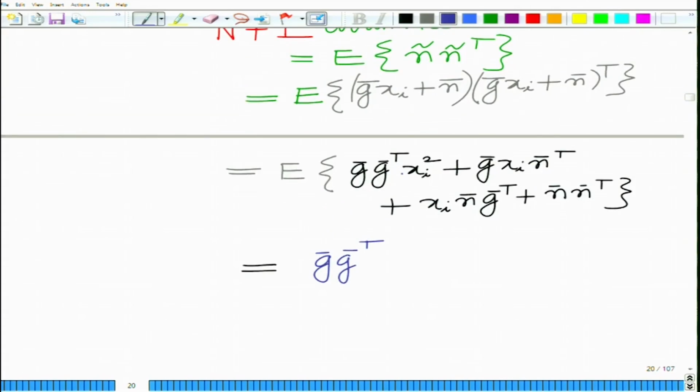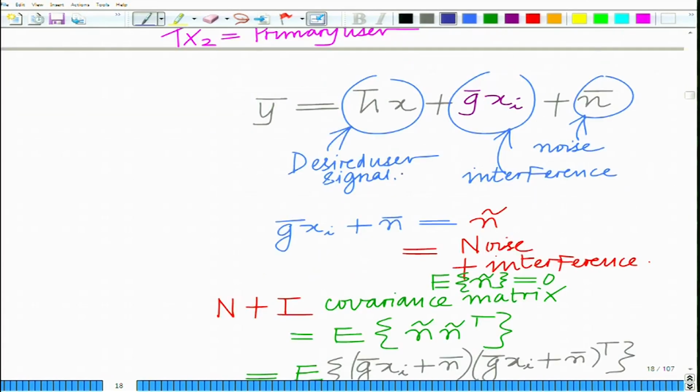By the way, remember, H bar is the channel vector of the desired user, okay. This is all according to our previous notation.